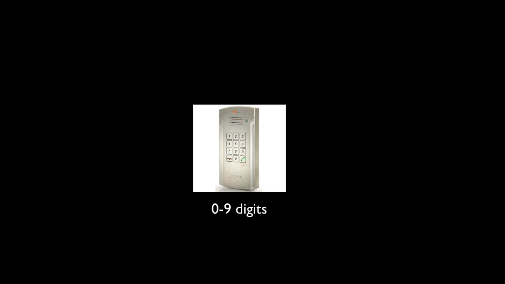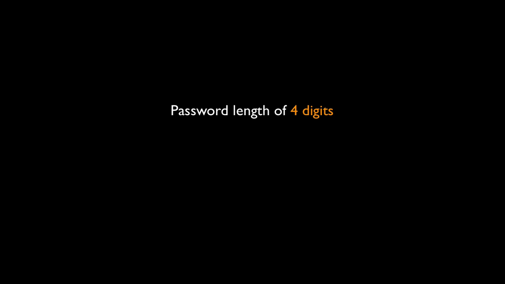If we use 4 characters, as we usually do for our passwords in a PIN lock keypad, that is 10 to the power of 4. 10 to the power of 4 is 10,000.